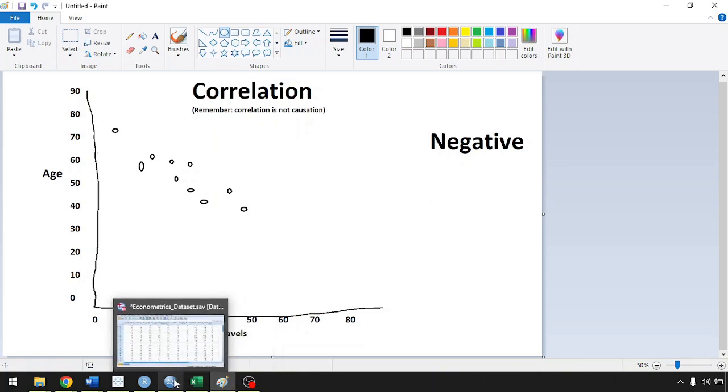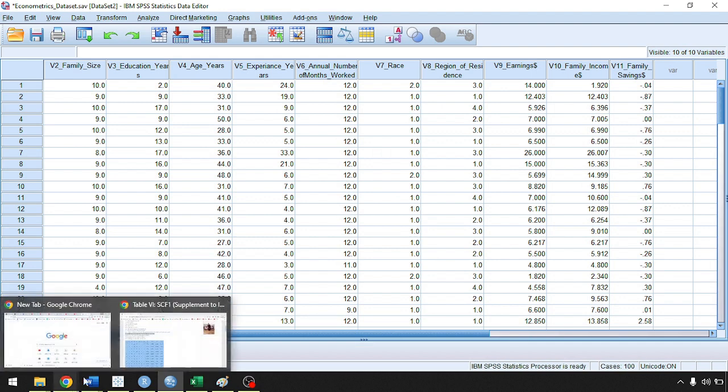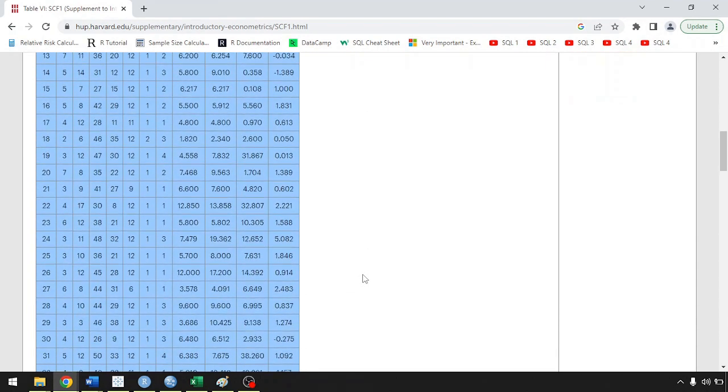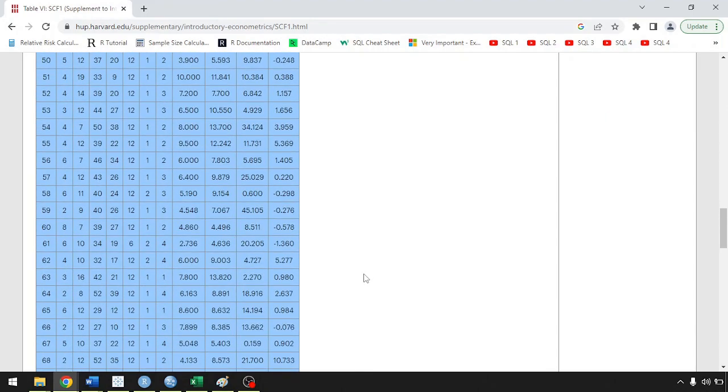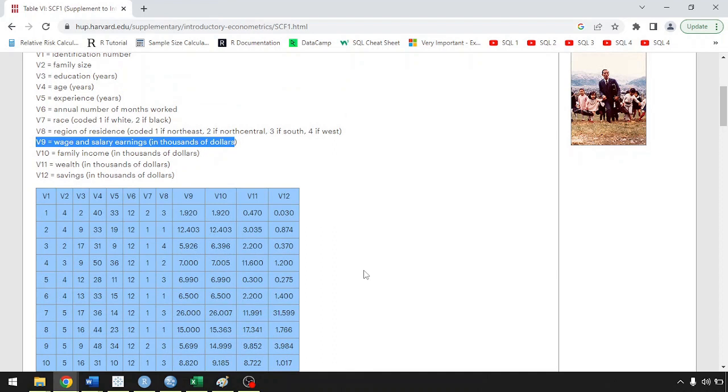So now we can go to SPSS, since in this video I'll be using the SPSS tool to test correlation. There's this data from Harvard University that I extracted onto SPSS, and it's a combination of 12 variables.